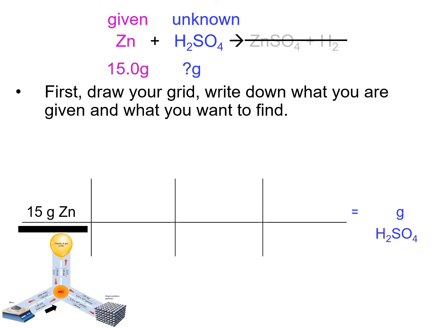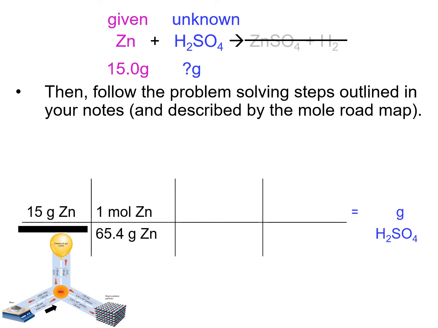We want the molar mass of zinc and 1 mole of zinc. 1 mole of zinc on top and the molar mass of zinc on bottom. The molar mass of zinc is around 65.4 grams. Now the grams of zinc on top and bottom will cancel each other. So those cancel out and they leave us with moles of zinc.